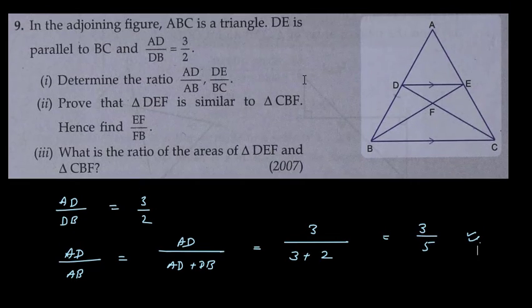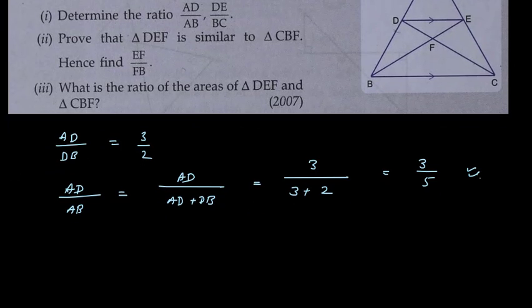Now second, you have to find the ratio of DE and BC. For that you have to prove that triangle ADE and triangle ABC are similar. You can prove that by AA criteria. Let us write, in triangle ADE and triangle ABC, in these two triangles, angle ADE will be equal to angle ABC. What is the reason?